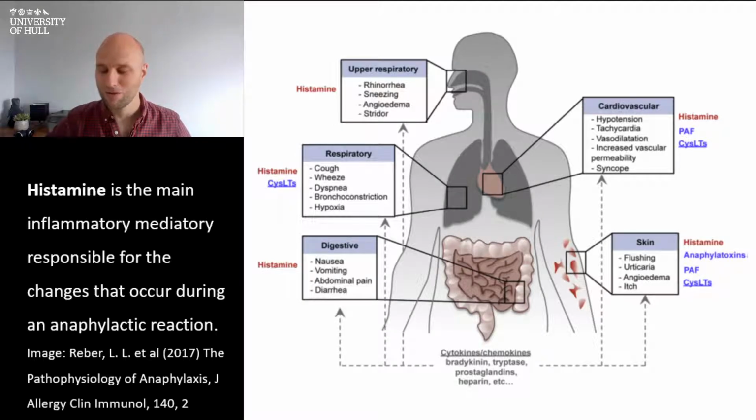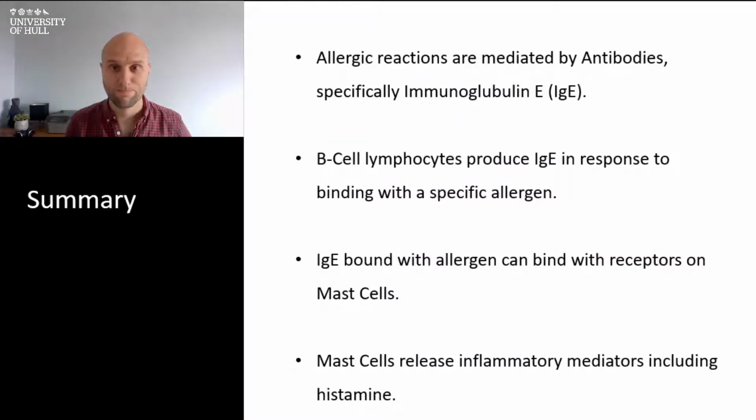PAF is platelet activating factor. But the main thing we need to concentrate on is that these mast cells release histamine, and many of the symptoms and signs of an allergic reaction are due to that histamine, so they're histamine mediated responses.